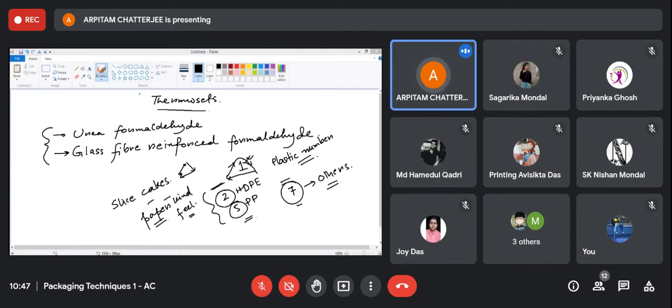Okay. Anyway, what I was asking: if you see a plastic bottle, most of the times what you see, it is having a paper label or a plastic label.